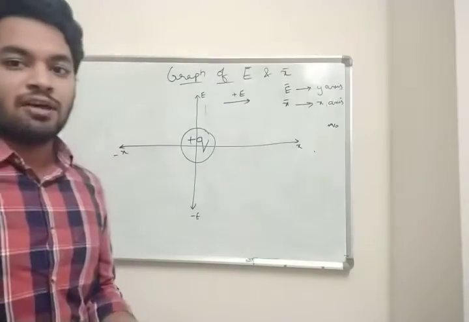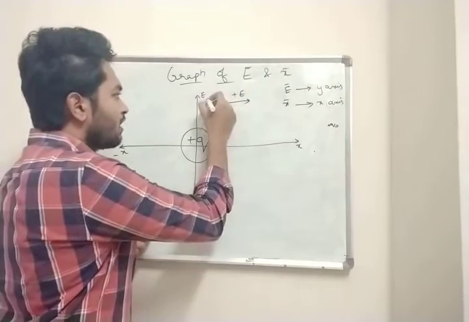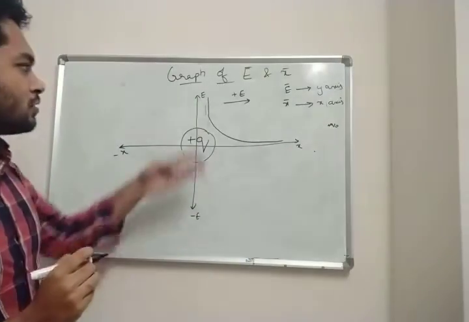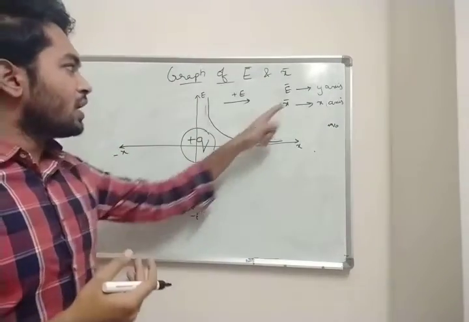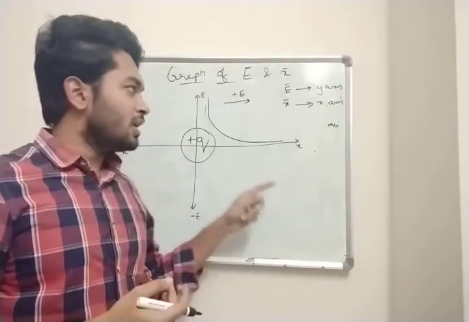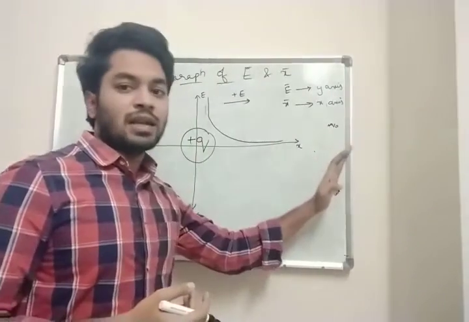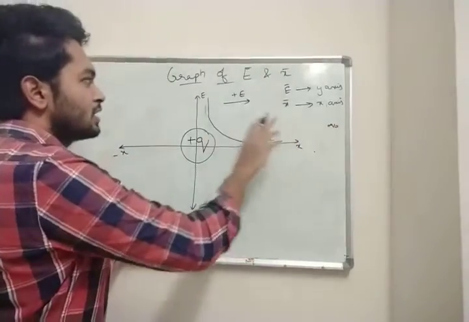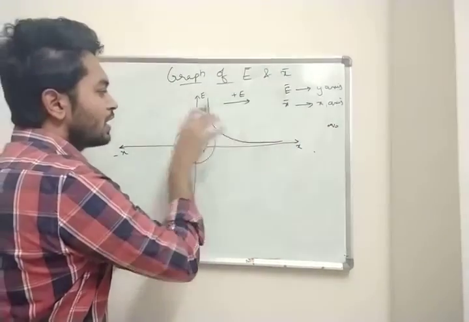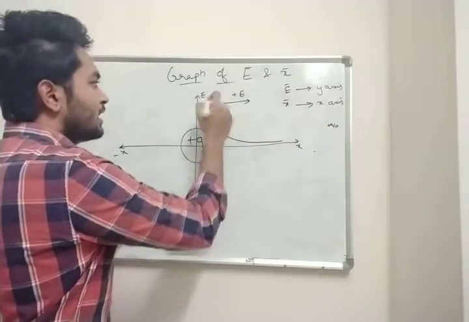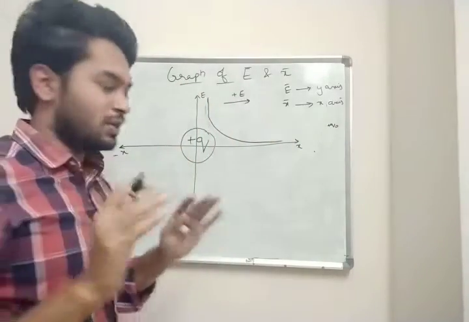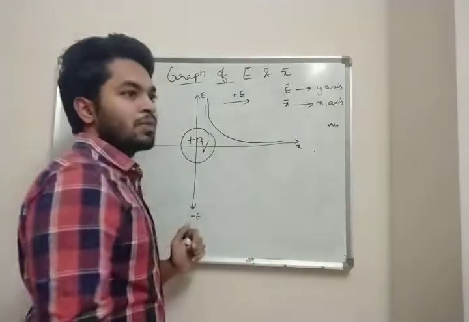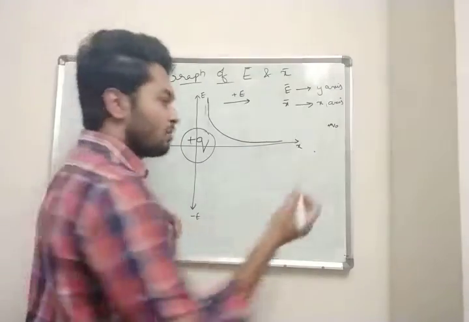So how will our graph be? This is the graph. What I told in our sign convention, if the electric field is towards the right, the positive direction, then your electric field is positive. One more point from our electric field formula, what does it tell?